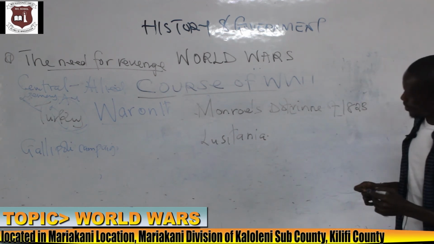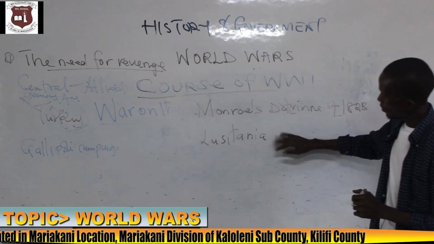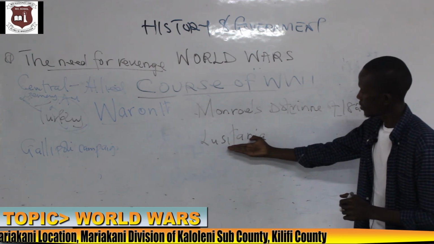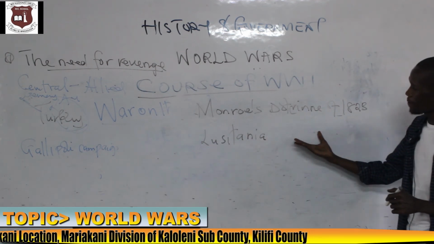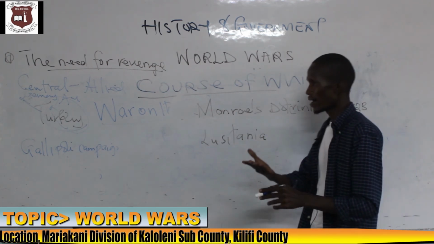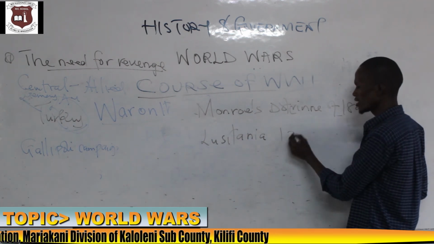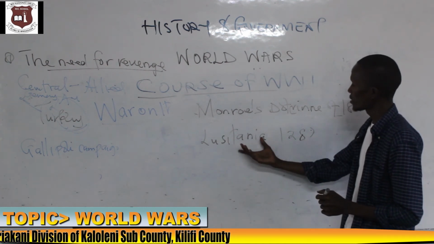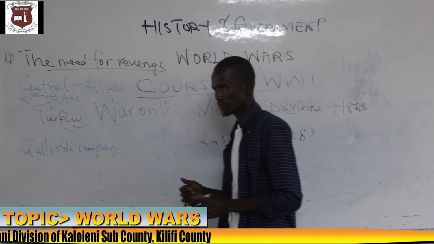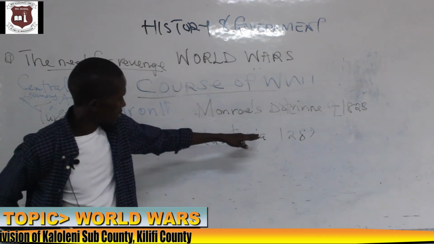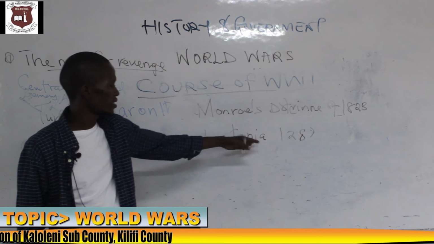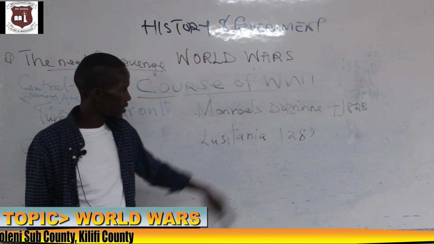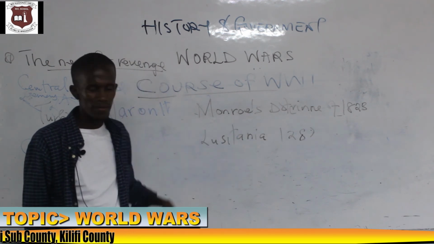This was a British passenger ship that unfortunately was carrying some US citizens. About 128 of them perished when the Lusitania was sunk by the Germans. And the United States of America wanted to avenge their 128 citizens that perished in the attack launched by the Germans.